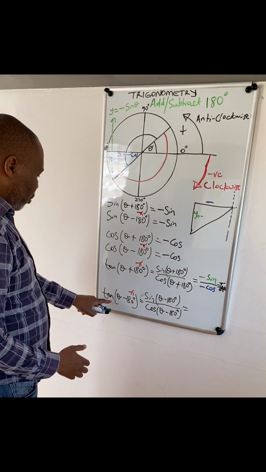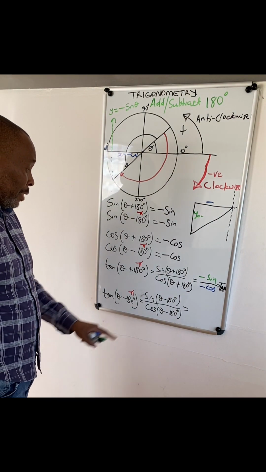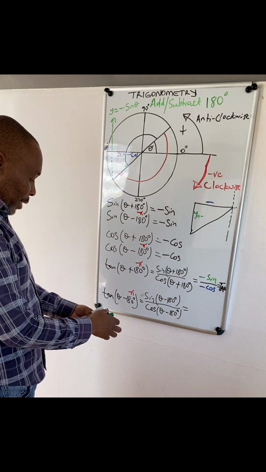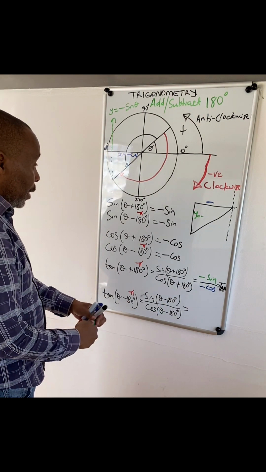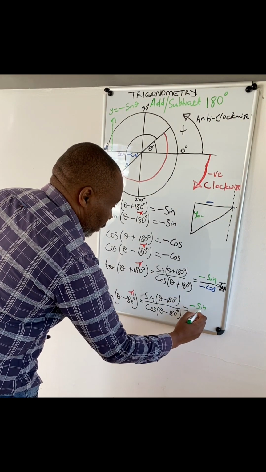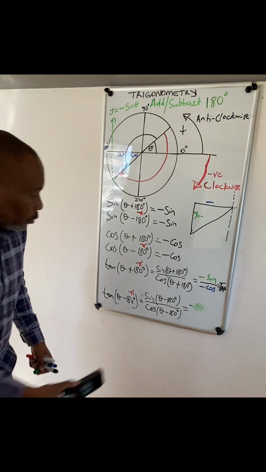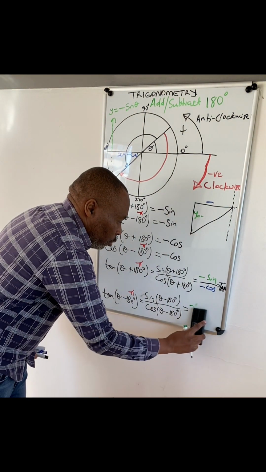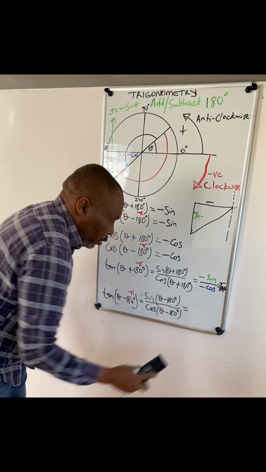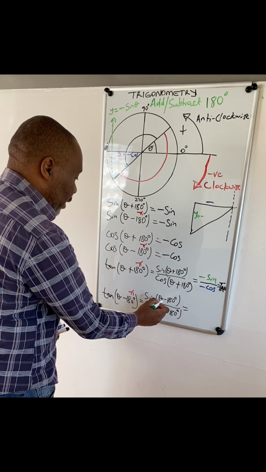Right. We come to tangent of theta minus 180 degrees, where we've worked out sine of theta minus 180 degrees to be what? A negative sine. Let's call the angle theta.